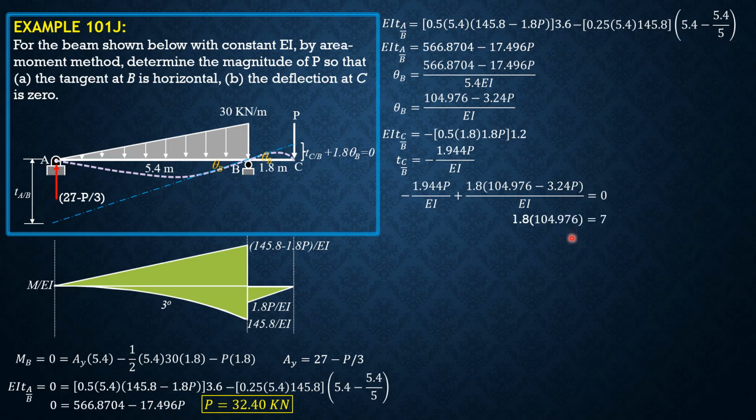So 1.8 of 104.976 equals positive 7.776 P. Finally, we can solve for P. 1.8 times 104.976 over 7.776. And P is equal to 24.3 kilonewtons, just like in double integration method.